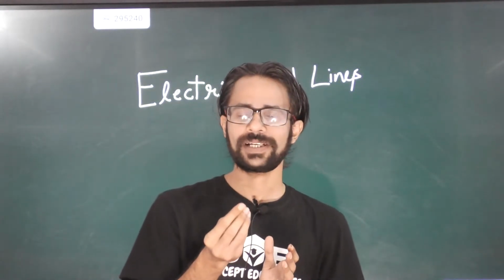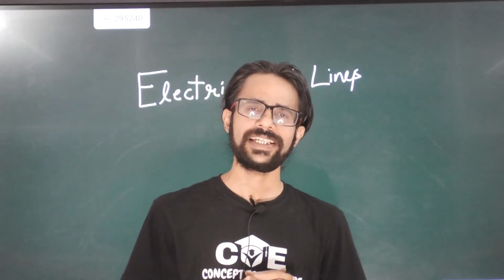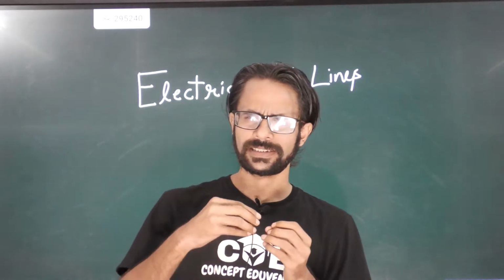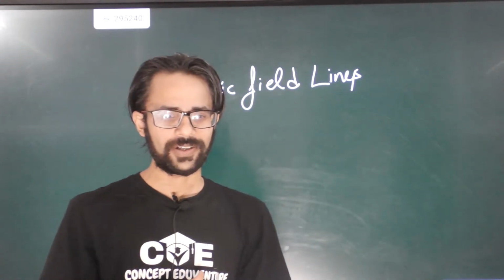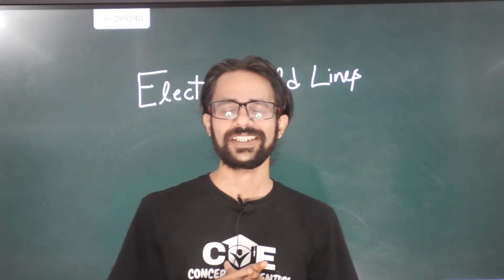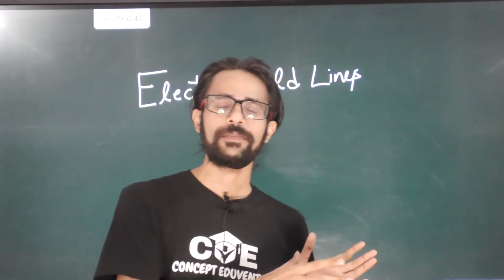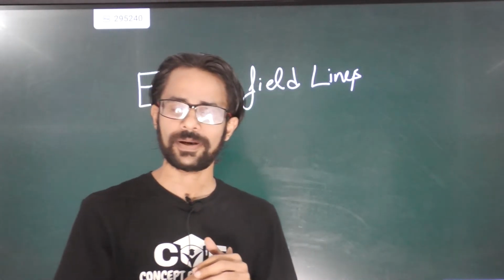A very good example for that is when I say apple, suddenly a picture of an apple comes in your brain, but when I say electric field, nothing comes in your brain. Why so? Because we can imagine the apple as we know its geometry.